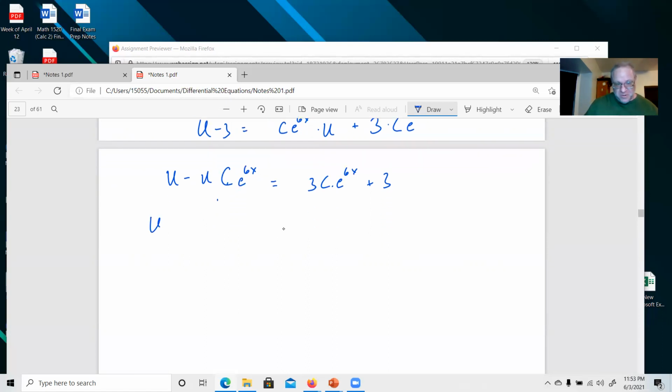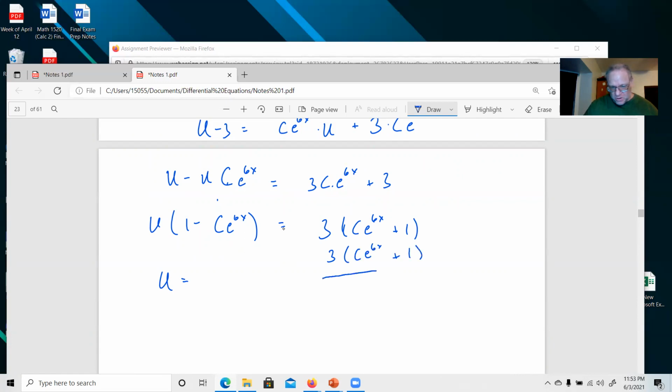So this is going to be u times (1 minus c e to the 6x), which is equal to 3c e to the 6x plus 3. Okay, so u is equal to (3c e to the 6x plus 3) all over (1 minus c e to the 6x). But wait, don't answer yet, because we still got to unravel what u was.